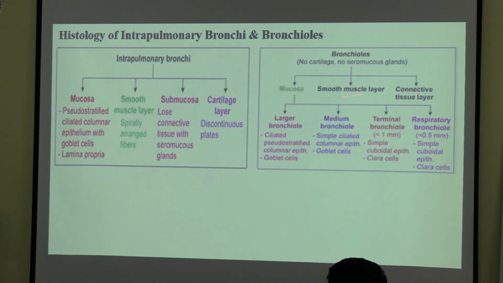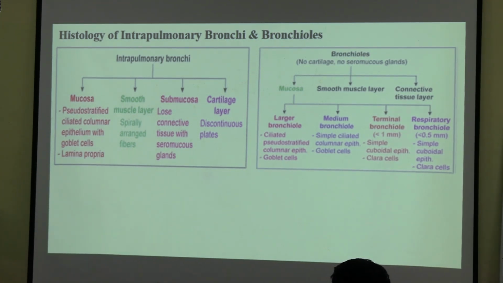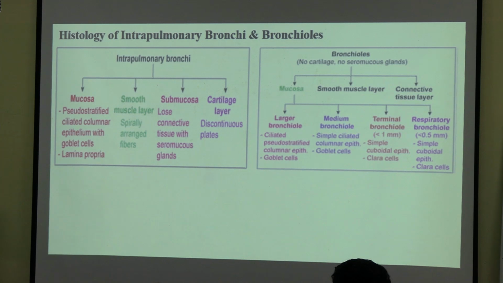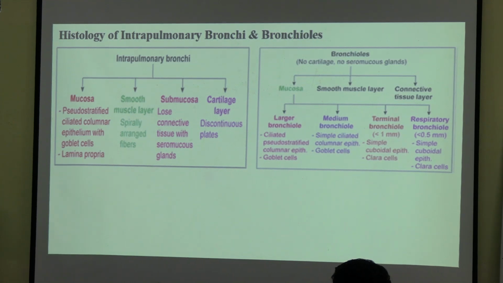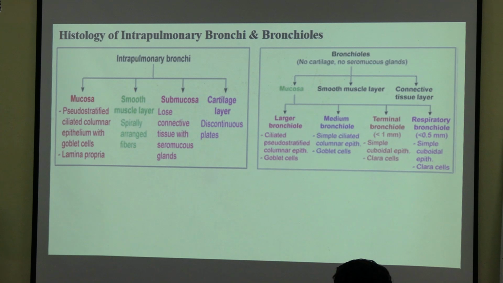Next, here you can see the comparison between the bronchus and the bronchiole. Here I have taken the intrapulmonary bronchi, that is, after division the two principal bronchi, when they enter the lung, are called intrapulmonary bronchi. Now there is a difference. If you see the layers of the intrapulmonary bronchi and the layers of the trachea, they are not the same.